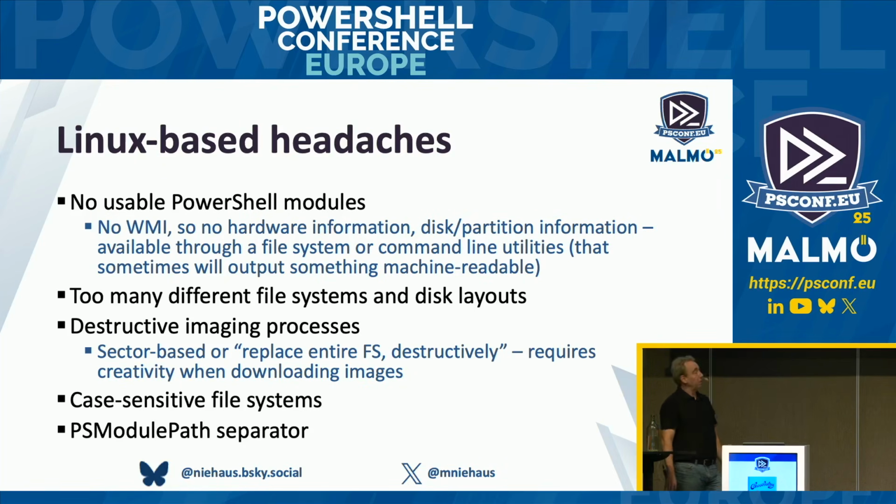Messy, but it works. It's just doing that in a generalized way to support all of these different file systems and all these different distributions is a major headache, but we'll get it worked out.